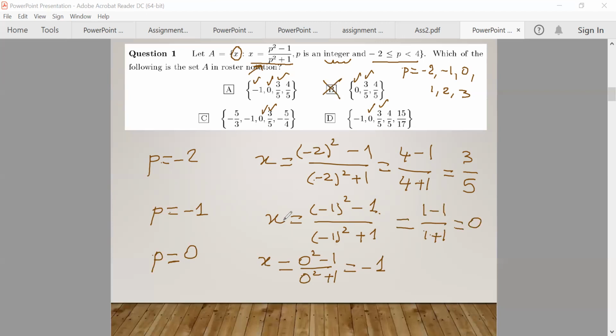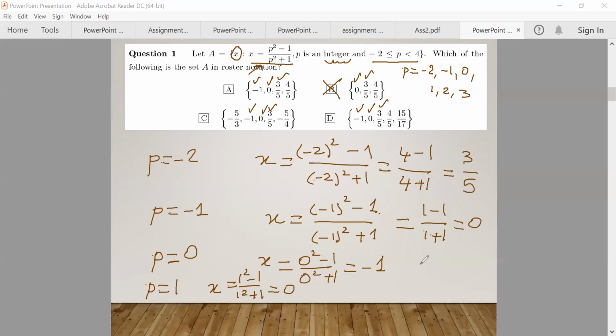We eliminated a choice, but it's in D and it's in C. We have to continue. We are not done. For p equals 1, x equals 1 squared minus 1 over 1 squared plus 1 equals 0. We have 0 already, so no new information.